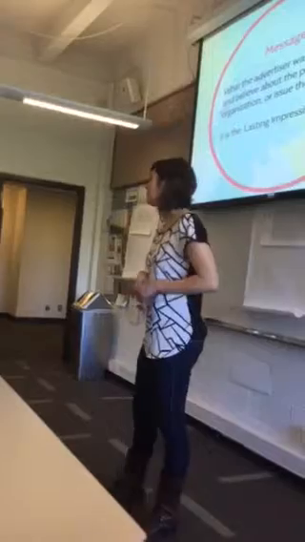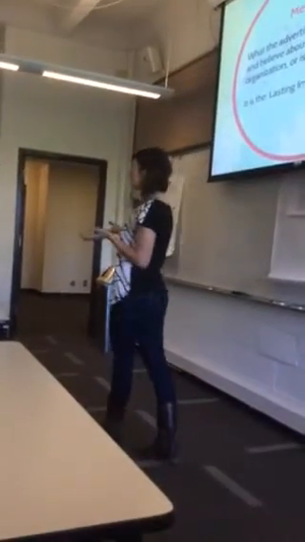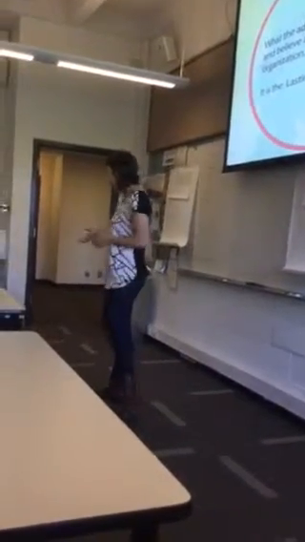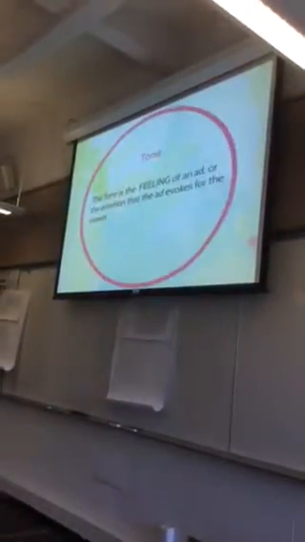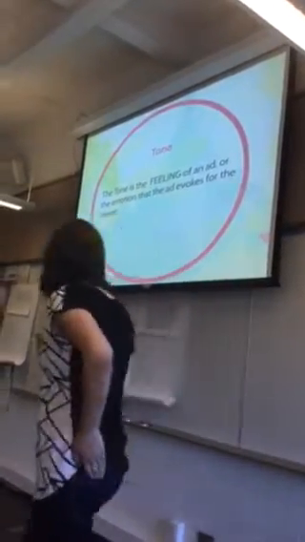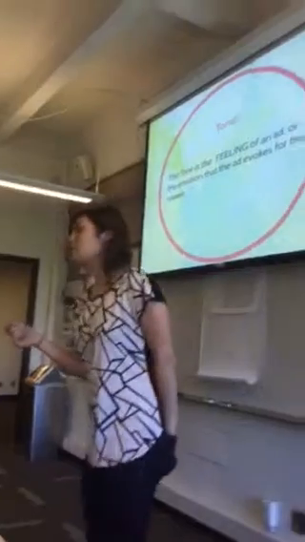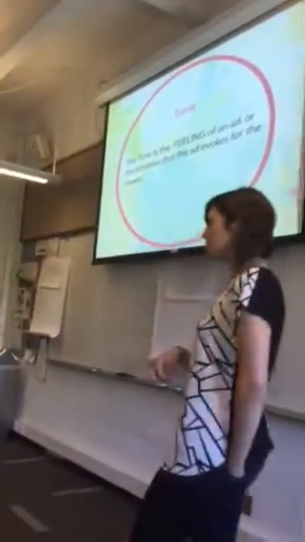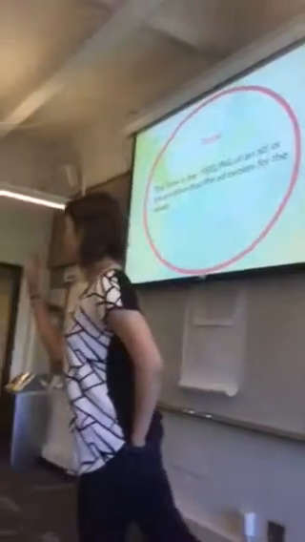And it's more than just buy this object. It's you want to buy this object because it's fast and furious, and because you're a fast and furious person. Tone. The tone is the feeling of an ad, or the emotion that the ad evokes for the viewer. So it's how it makes you feel as the viewer, or how viewers in general are going to feel when they approach this image.